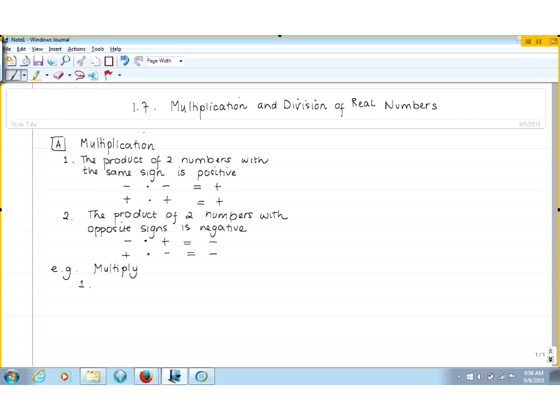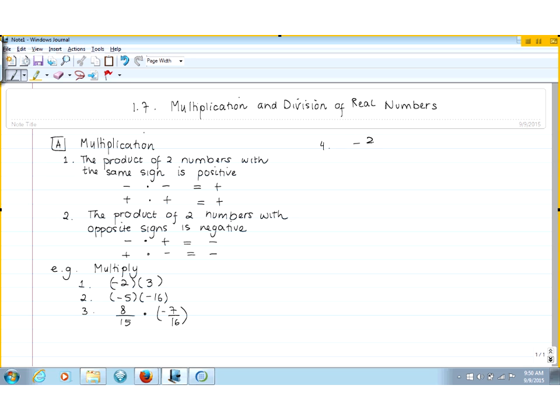Okay, so number 1. Maybe you guys could try this. Negative 2 times 3. Negative 5 times negative 16. 8 over 15 multiplied by negative 7 over 16. Okay.